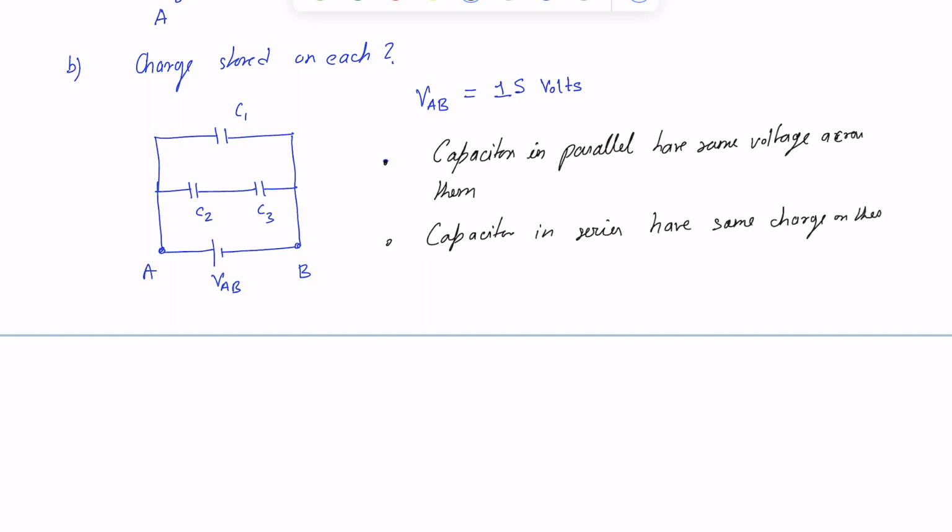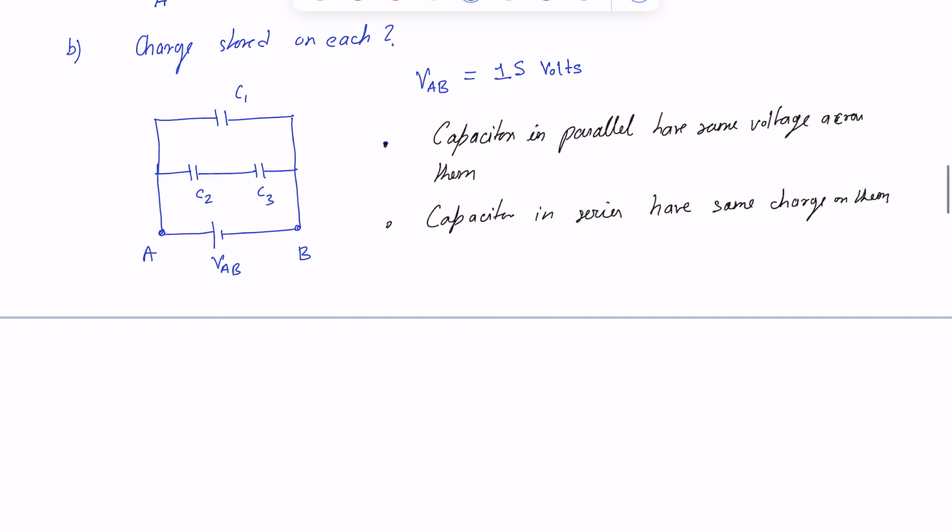So if two capacitors are in series, the charge will be the same in both of them. If two capacitors are in parallel, then the voltage across both of them will be the same. Using those two facts, I can clearly say that the charge on C2 and the charge on C3 will be the same. The charge on C3, let's call it Q3, will be the same as the charge Q2.